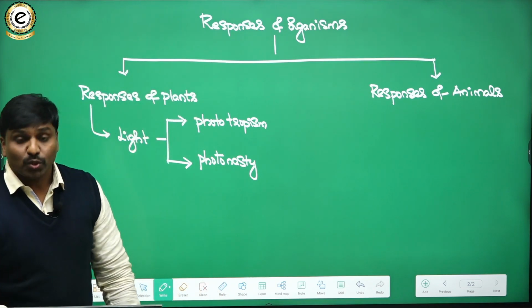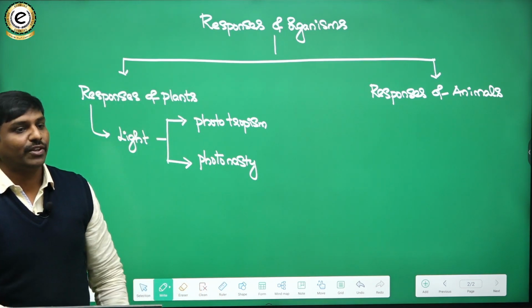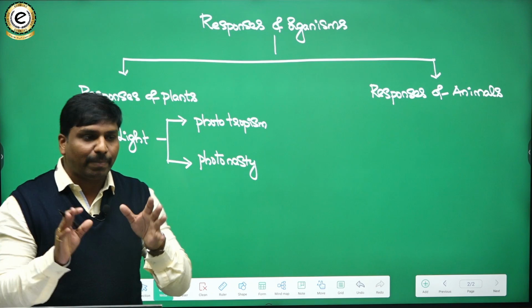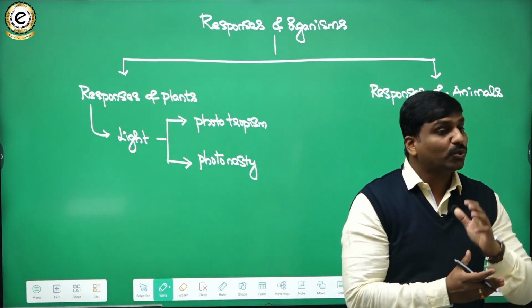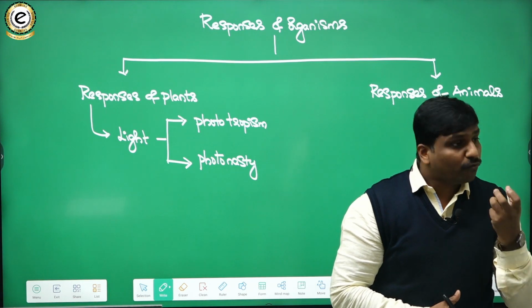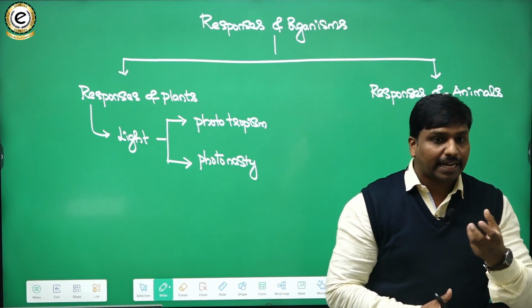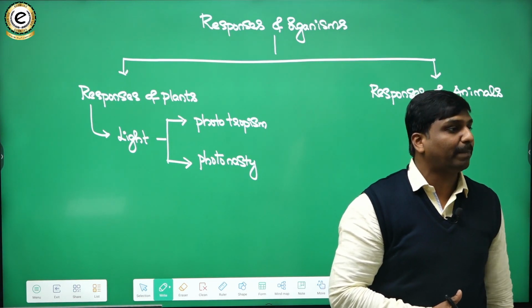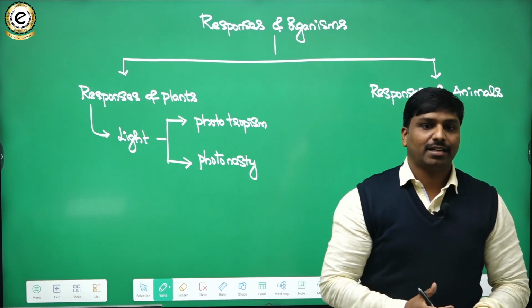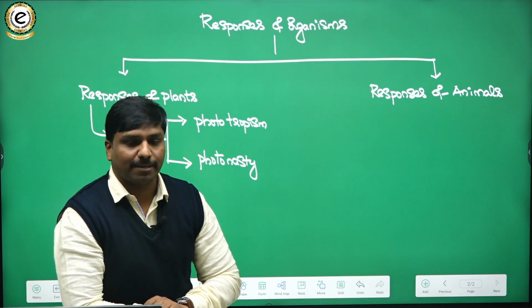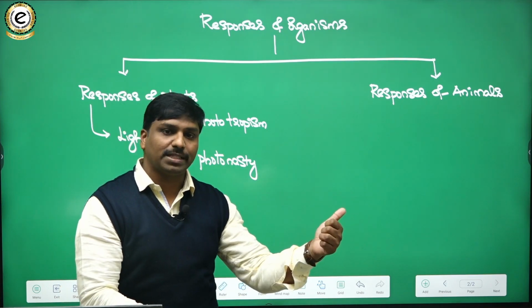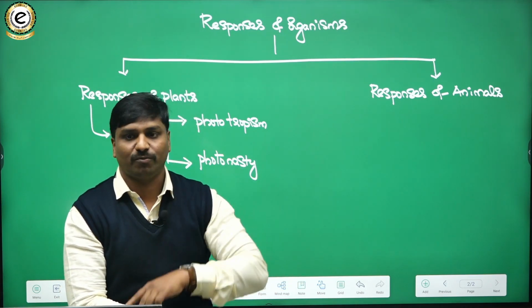So what is phototropism? Phototropism means some plants show a directional response to light. It is a kind of directional response of plants to light or sunlight. Here we have two types of phototropism: positive phototropism and negative phototropism.